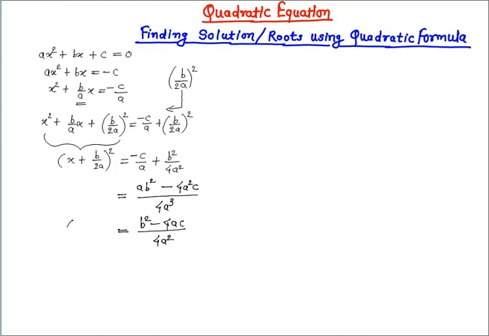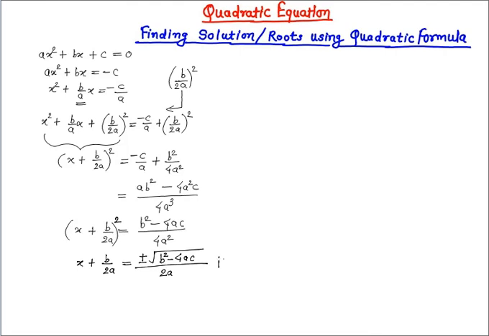And what is the left hand side here? x plus b by 2a whole square. Taking the square root on both sides, we get x plus b by 2a equals to plus minus of the numerator term square root of b square minus 4ac, and the square root of denominator is 2a.